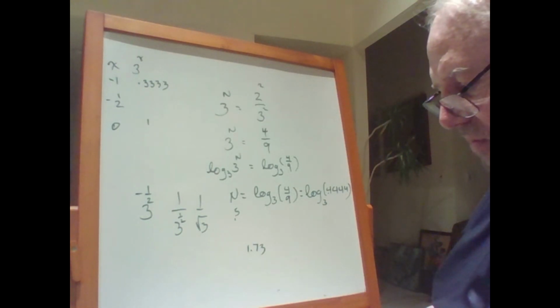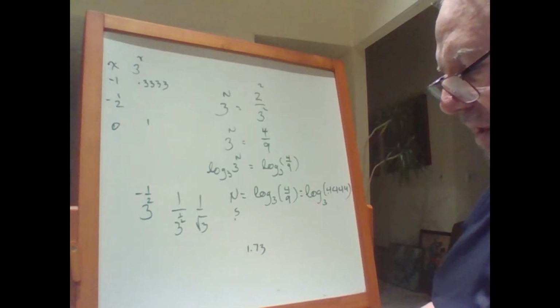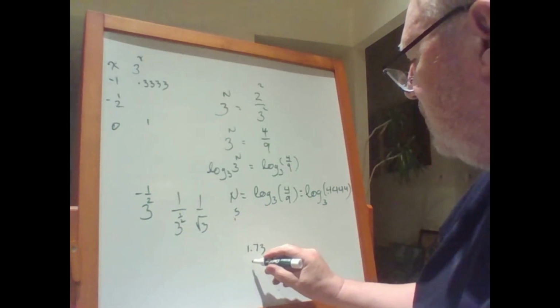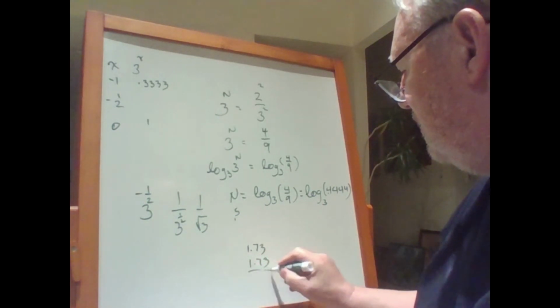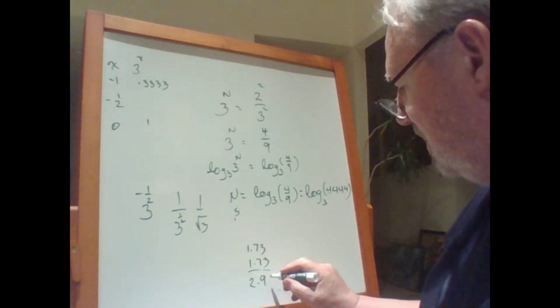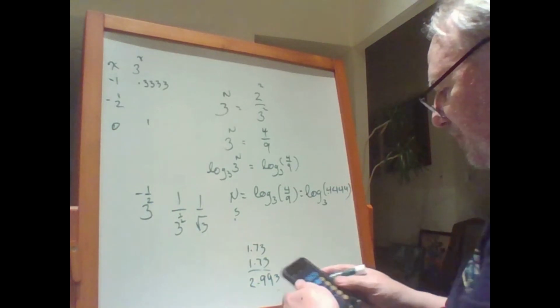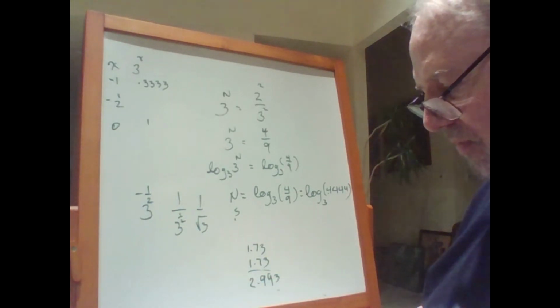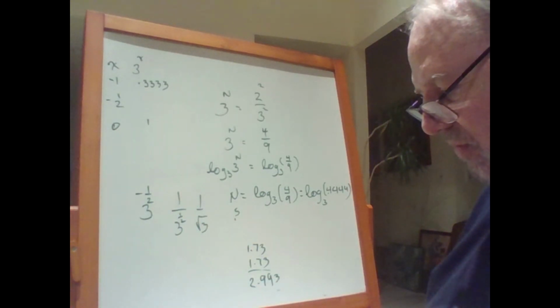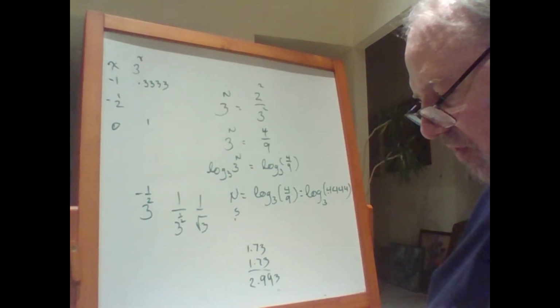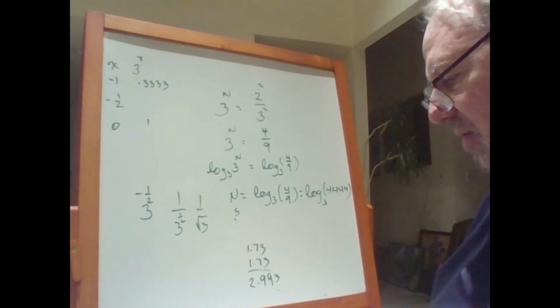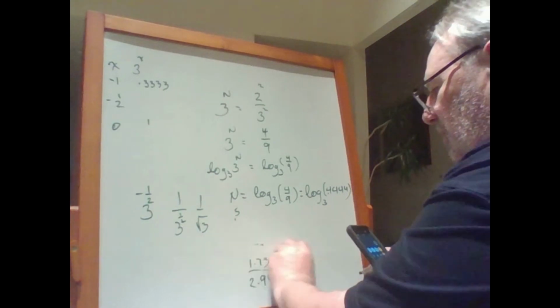1.73 times 1.73. Yeah, that's pretty close. So 1.73 is 2.993. That's pretty close. 1.731 times 1.731 equals, well, it could be bigger.